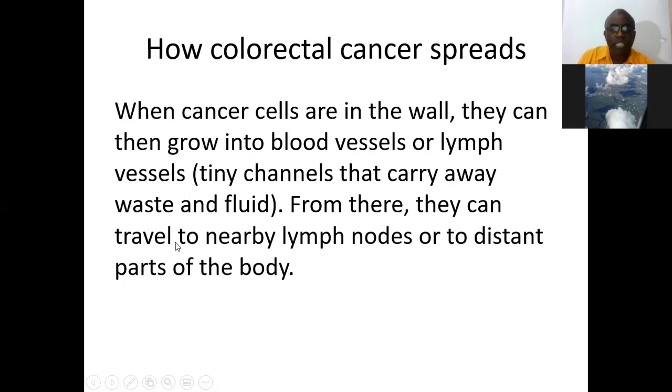From there, they can travel to nearby lymph nodes or to distant parts of the body. So when you hear them talking about treating cancer with chemotherapy, we're talking about medicine that they use to destroy cancer cells.